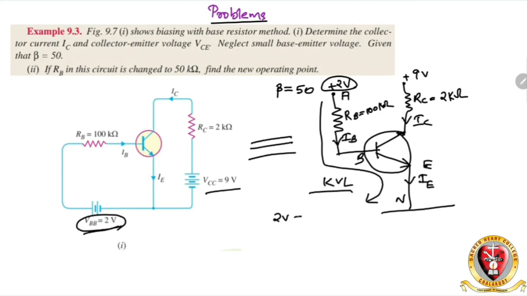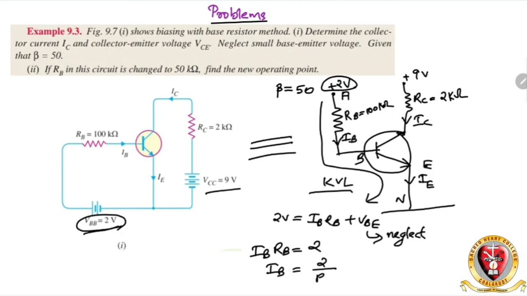Here the voltage source is 2 volt. 2 volt is equal to IB RB plus VBE. But it is given that VBE is small, so we can neglect VBE. So the equation is IB RB is equal to 2. So IB is equal to 2 divided by RB.